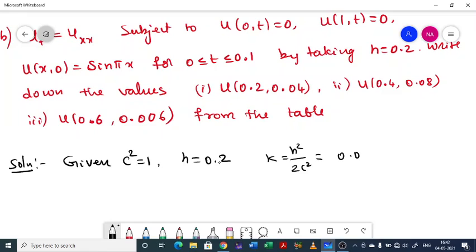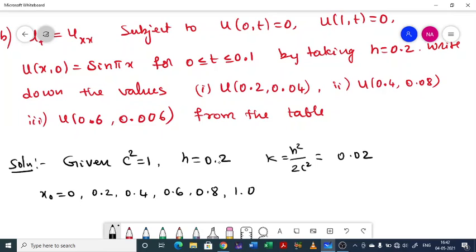It will be 0.02 and x naught is 0, 0.2. See, x varies from 0 to 1. So 0, 0.2, 0.4, 0.6, 0.8, 1.0.